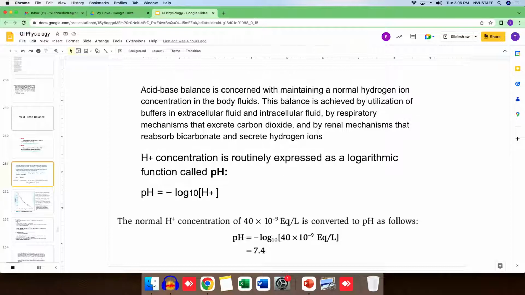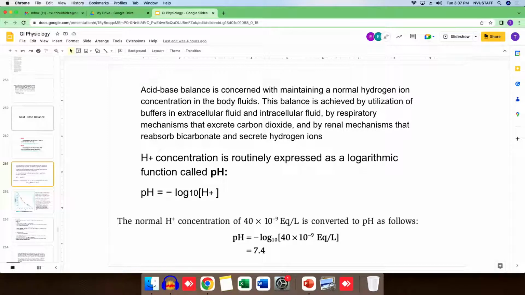So judging from what we already know, we can easily say that we have acid-base balance when we are receiving and accepting the H pluses. Acid-base balance is for maintaining a normal hydrogen ion concentration in the body, right? This balance is achieved by the utilization of buffers in the extracellular and intracellular fluid, and by our respiratory and renal mechanisms.